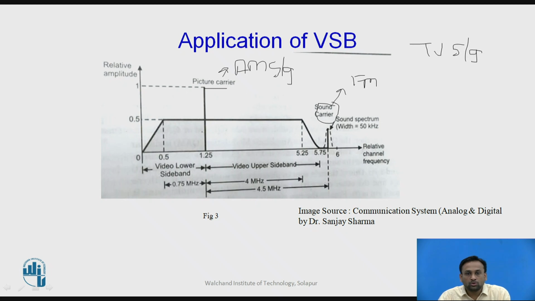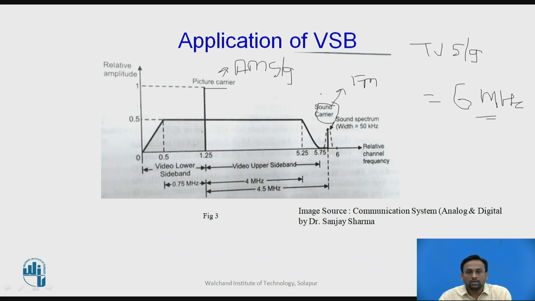As per the International Telecommunication body, for the transmission of a VSB signal for TV signals, they have allowed us to transmit only a bandwidth of 6 megahertz. So within that only we need to transmit the VSB signal.